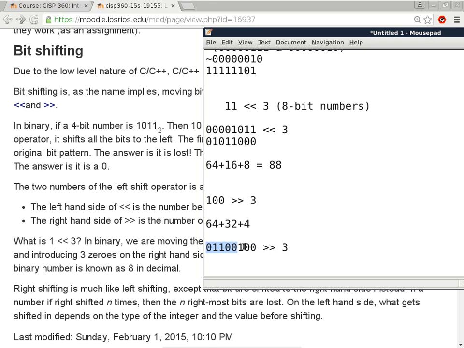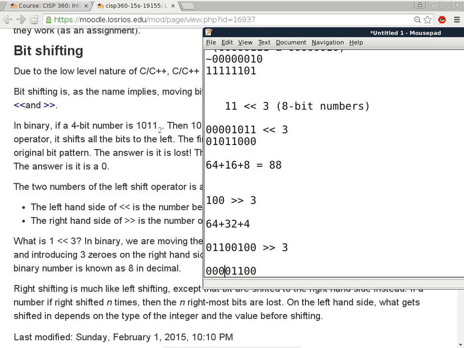These 5 will become the least significant bits of the new number. That's easy: 0, 1, 1, 0, 0 become the least significant digits. But we need to specify what rolls into this number. In this case, we just roll in 3 zeros, kind of the same way as left shifting, where we introduce zeros.